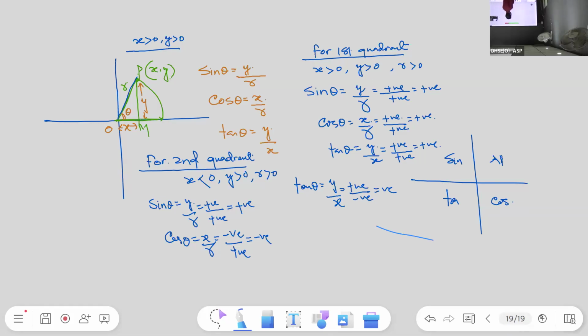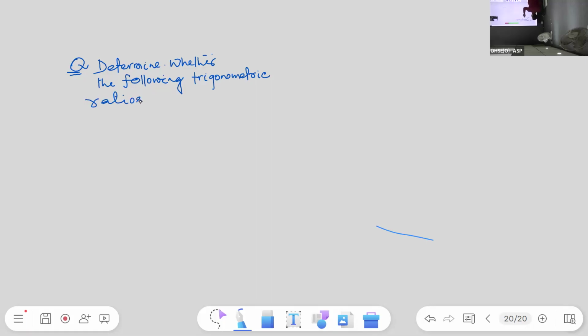First question, determine whether the following trigonometric ratios are positive or negative.